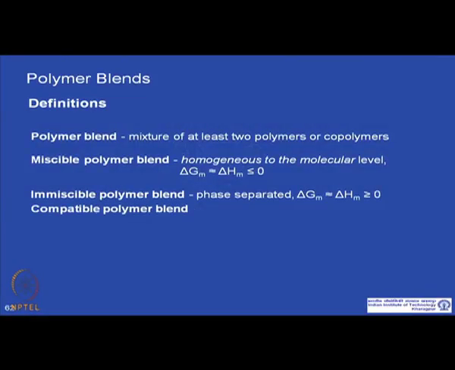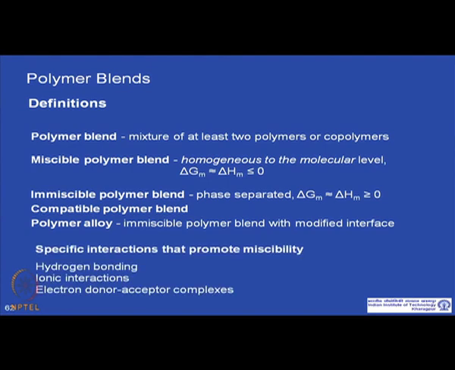So, basically the interface between those two phases is stitched, so that they are not immiscible to the extent that they delaminate, but they are also not miscible. So, you can get the best properties of those two polymers as well. So, we talked about compatible polymer blends, and polymer alloys are basically immiscible polymer blends with modified interface.